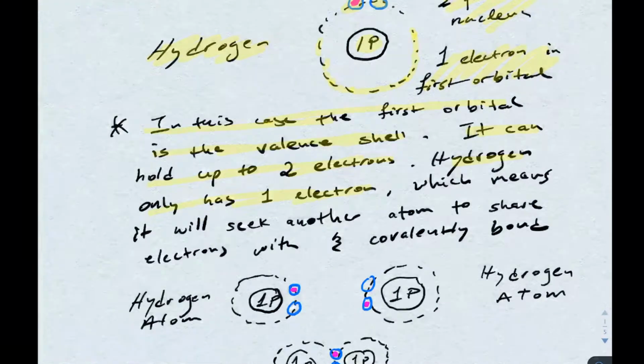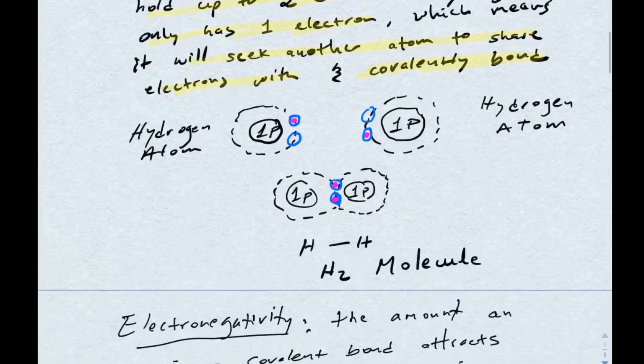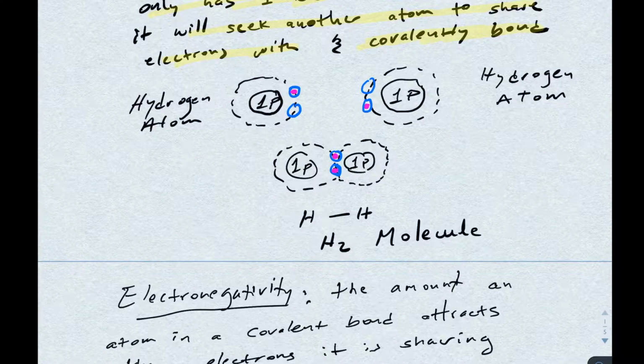This means that the shell is not completely filled, and for this reason, hydrogen will seek another atom to share electrons with in order to fill that outer valence shell. When it does so, we call that covalent bonding. Let's take a look at this example.